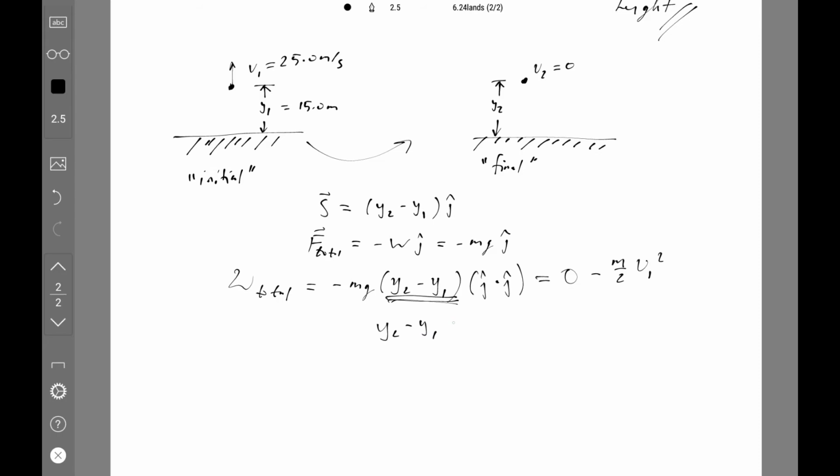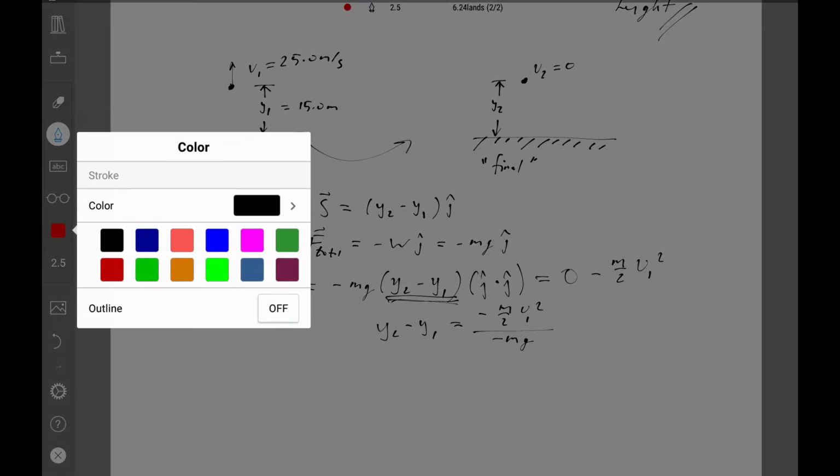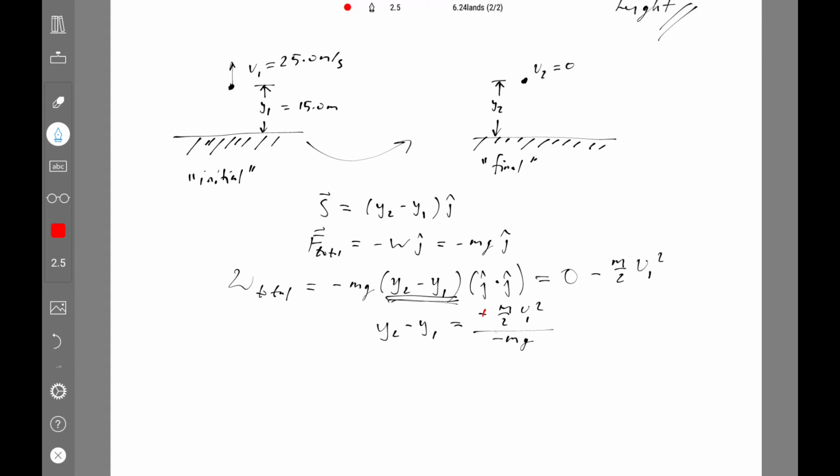Y2 minus y1 is equal to negative m over 2 v1 squared divided by negative mg. As luck would have it, the negative m's cancel. And now we can find y2 is equal to y1 plus v1 squared over 2g.